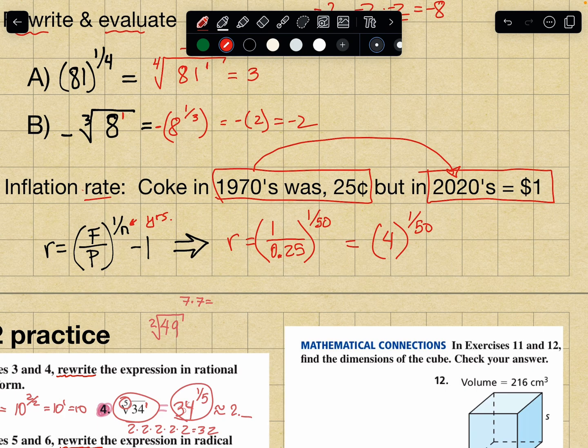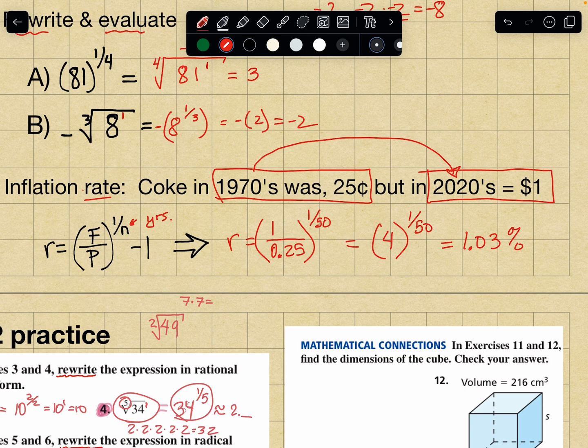This is nothing that you can do in your brain. This is something that you actually have to use a machine for. All right? And my calculator says you get an inflation rate of 1 point, I'm going to say 0, and I'm going to round the 2 off to a 3. So we have a 1% inflation rate on a Coke.